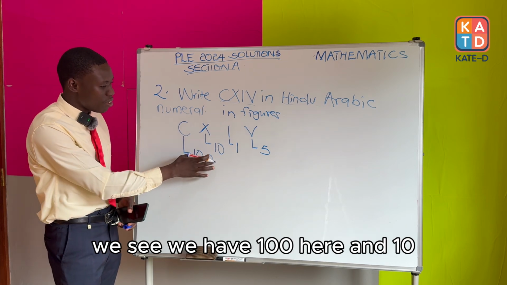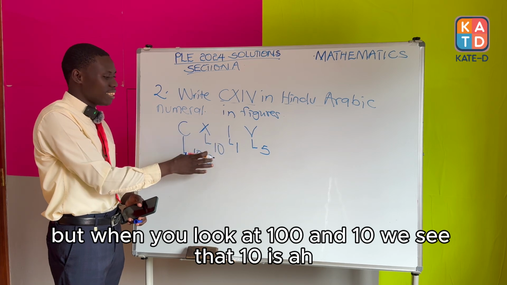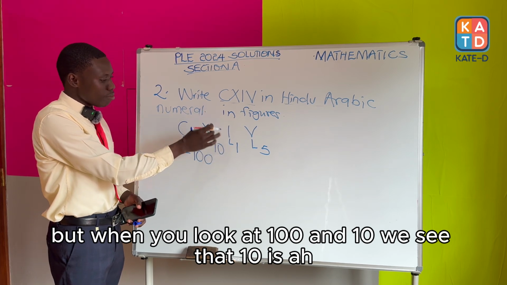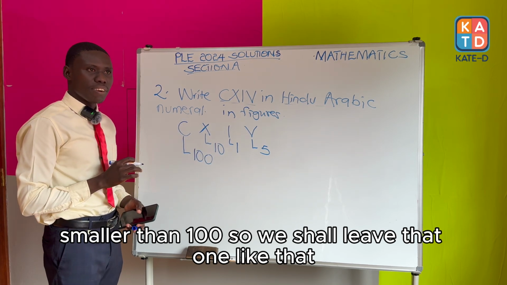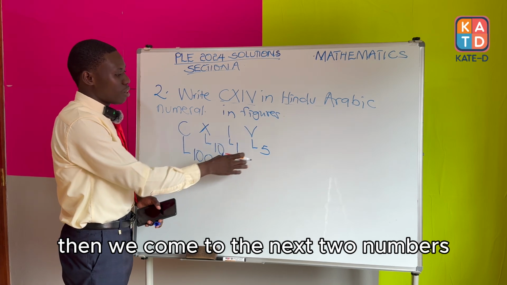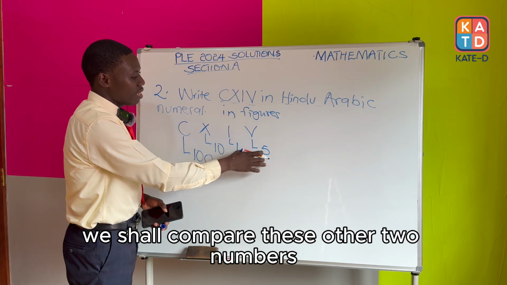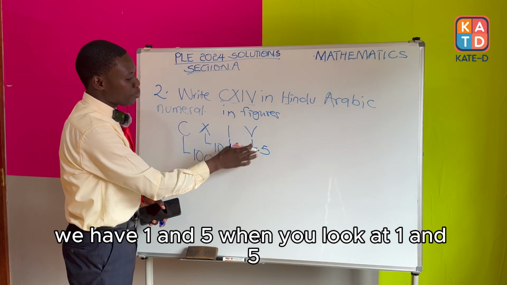Then we go back and start from the first point. We have 100 and 10. When you look at 100 and 10, we see that 10 is smaller than 100, so we leave that as it is. Then we compare the other two numbers, 1 and 5.